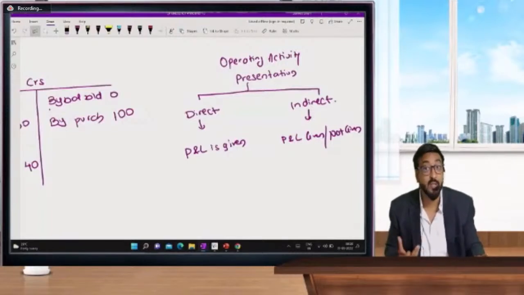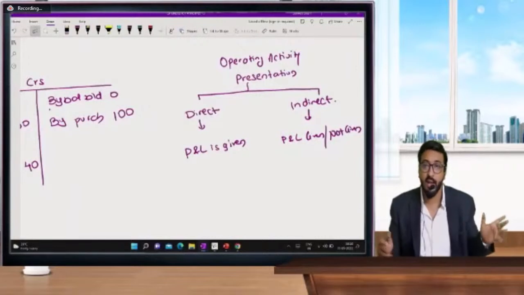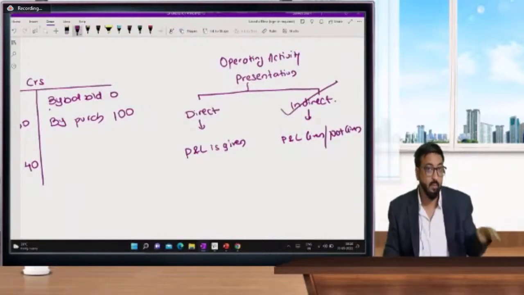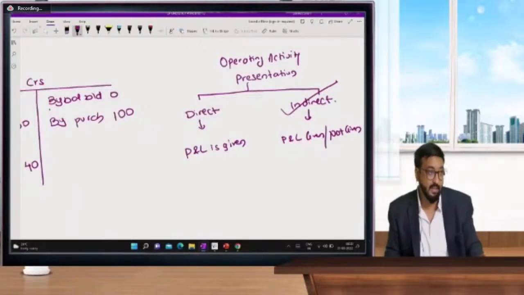That's why which method is popular? Indirect, because it works whether it is given or not given, and therefore it is more popular. But in exam they may ask you direct method also. So both methods, but the more popular method is indirect. Difference we will see in the next lecture once again. But understand it, direct method and indirect method.